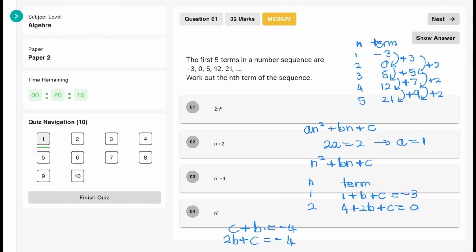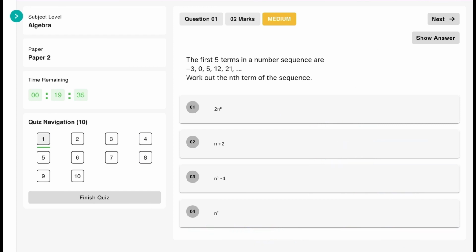When you subtract, this will be 2b take away b is equal to negative 4 plus 4, which is equal to 0. So b is equal to 0. When you find that b is equal to 0, you can find that c has to be equal to negative 4. So putting this information into the original equation, I have n squared plus 0n take away 4, which is simply n squared take away 4, option number 3.